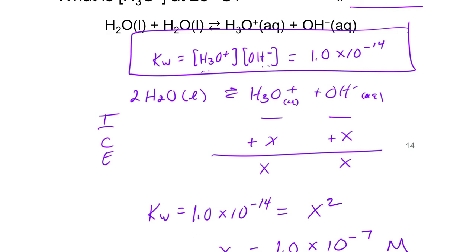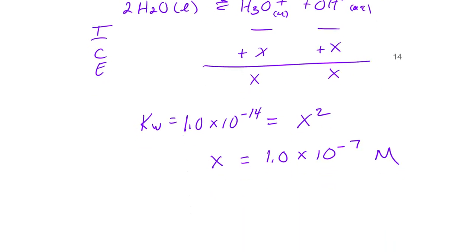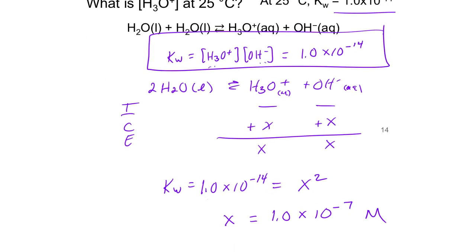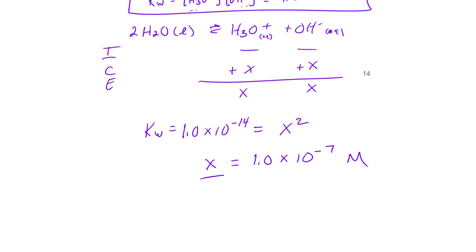If you're working problems and it doesn't specify the temperature, it's safe to assume you're at 25 Celsius, where Kw is 1 times 10 to the minus 14. We found our concentration X, and X is equal to the concentration of OH-, which is equal to the concentration of H3O+.